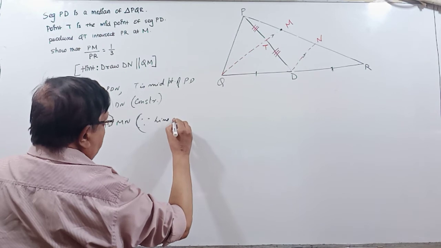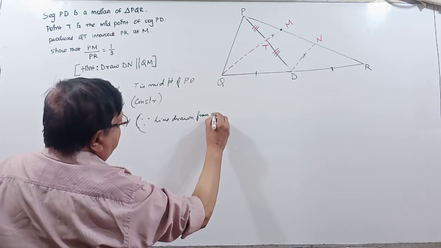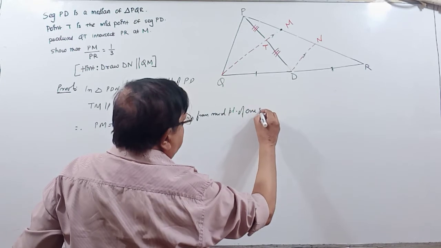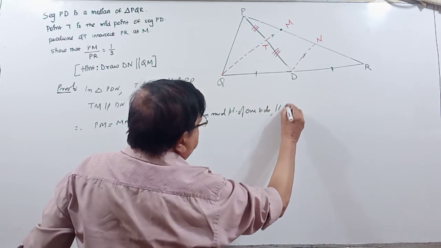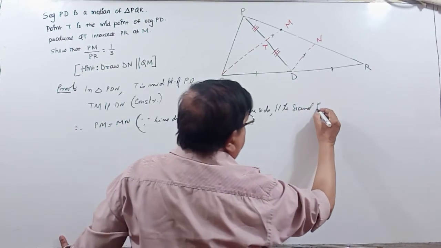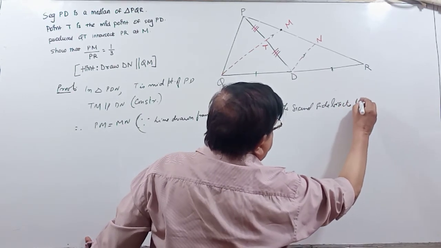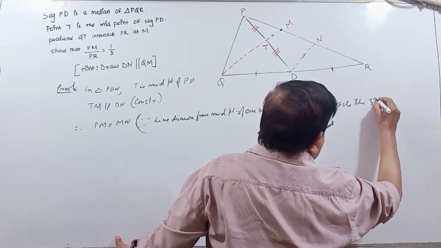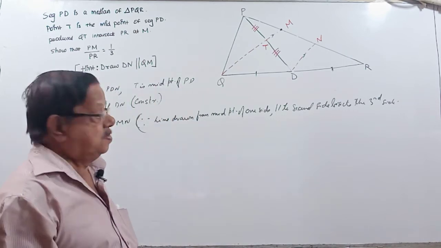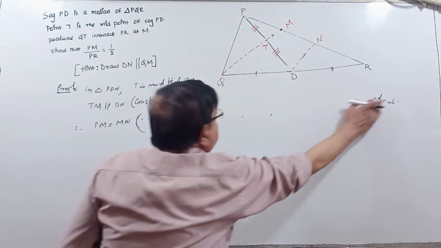Line drawn from midpoint of one side parallel to second side bisects the third side. ये पूरा लिखने से अच्छा we will write converse of the midpoint theorem. इतना लिखे तो बहुत लंबा चौड़ा होता है.